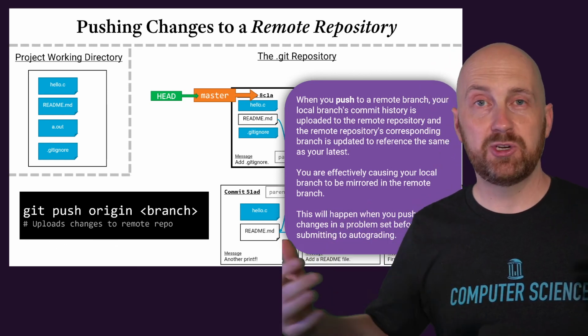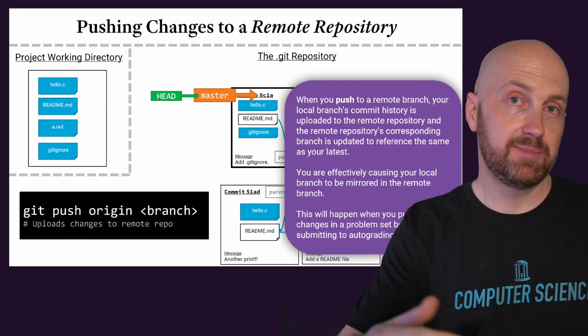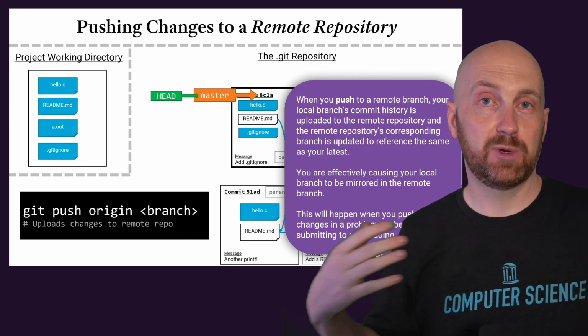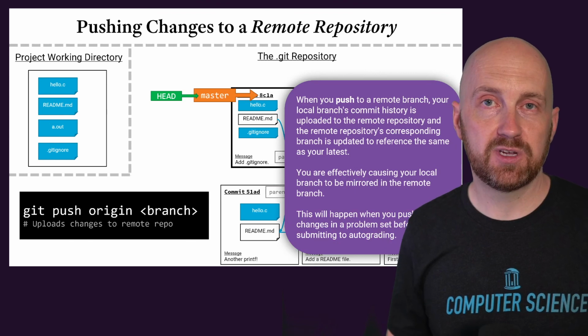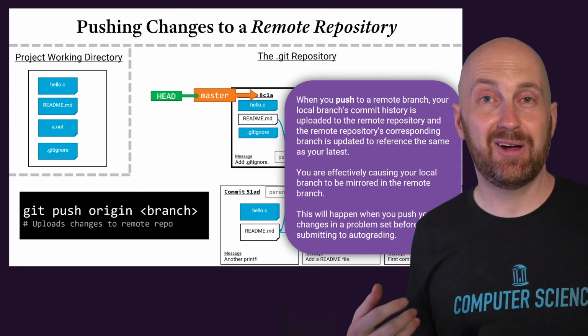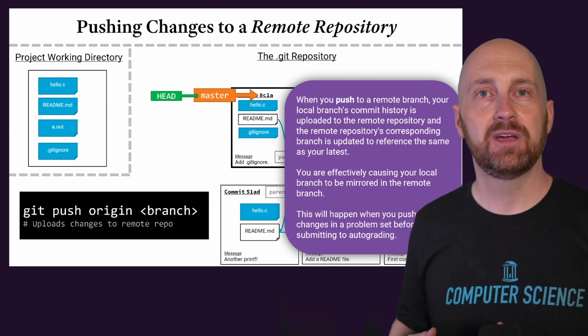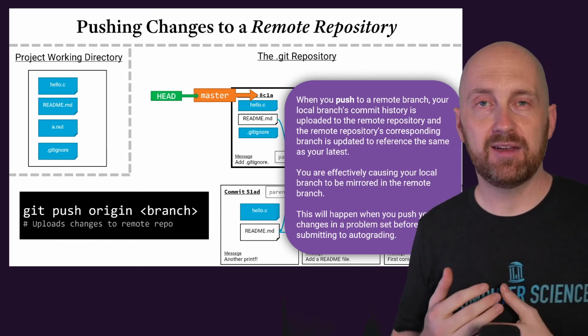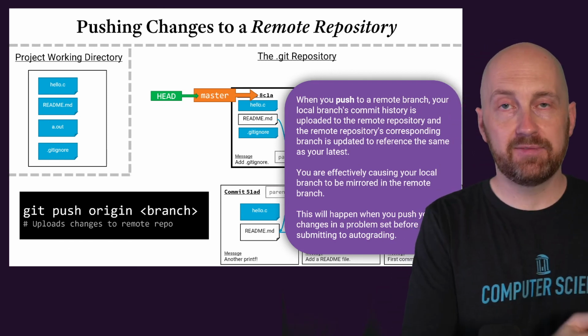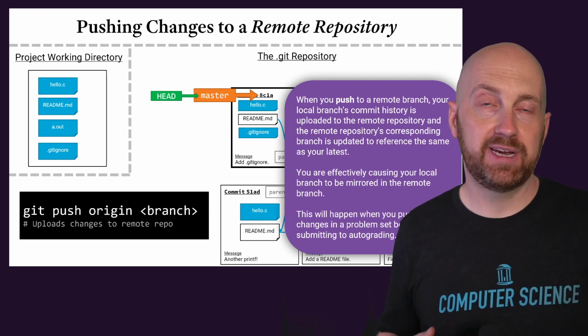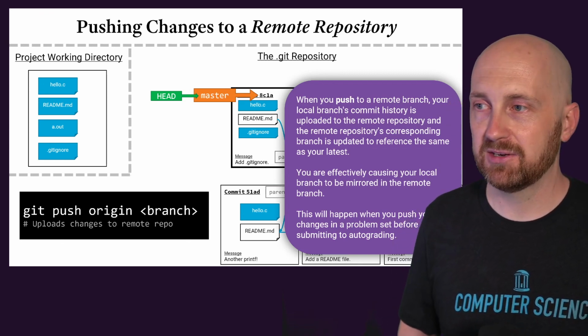And hey, Git, I want you to figure out what are the commits that actually changed since we last synchronized with one another, and send all of those commits up such that that repository now has all of the work in my repository. So when you push your work up to GitHub, you're pushing a specific branch of work. And effectively, after the push, that repository now has a complete copy of that branch.